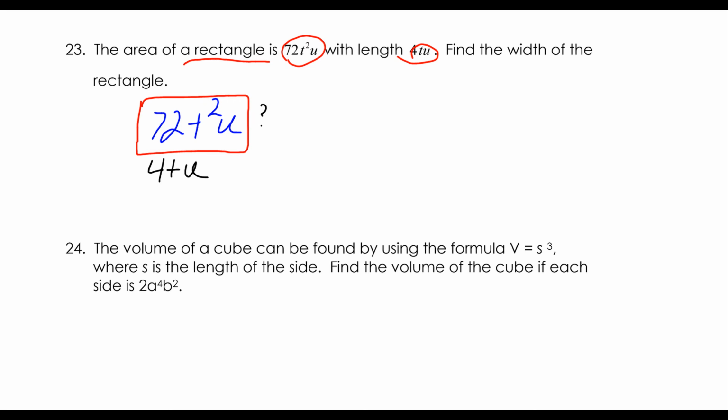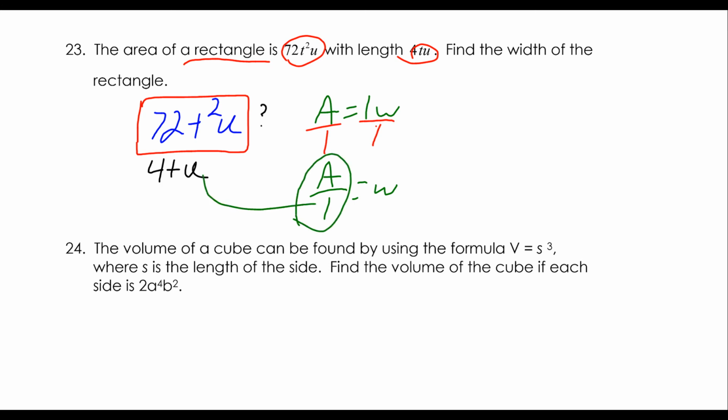What we can do is say A equals length times width. We already know that. That is the area of a rectangle. Now we're looking to get the width by itself. So we can divide each side of this by L, and that will give us A over L equals W. We already know what L is.